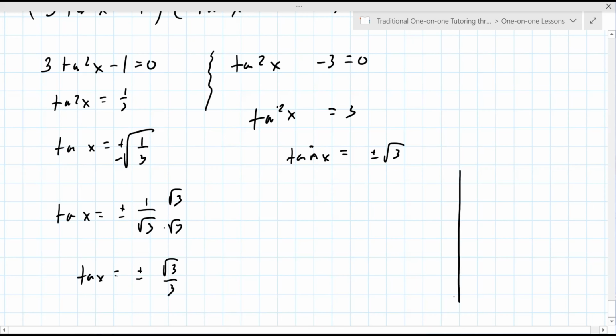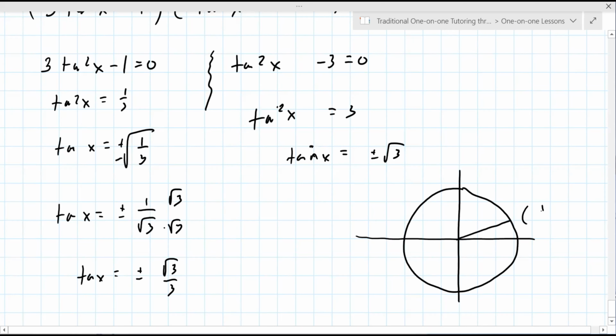So again, you just go to your unit circle to figure these out. These aren't great, but they're good for learning your unit circle. Like here, it's square root of 3 over 2 comma 1/2, and this is pi over 6.